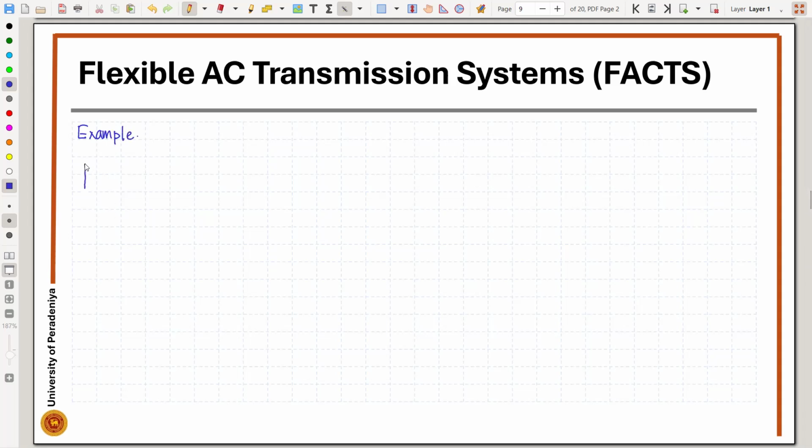Now if you consider a sinusoidal supply, and a diode connected to a resistive load, you should be able to get the output voltage and output current. We will assume that Vs equals Vm sine omega t.